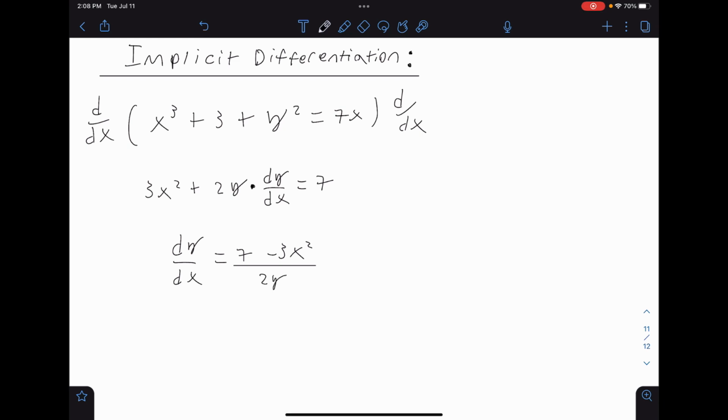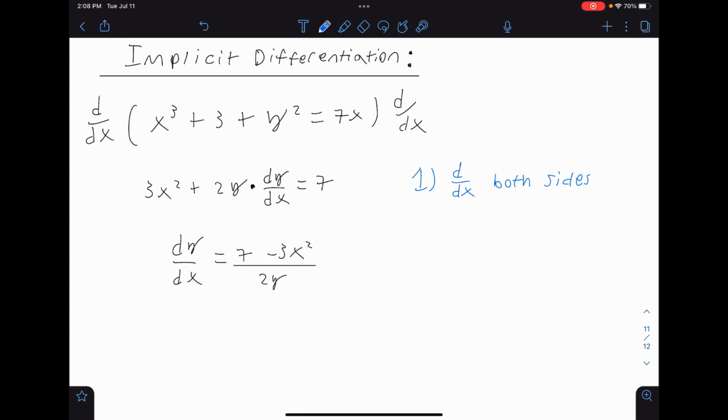So step 1, differentiate both sides of the equation. Well, of course, step 1 is to figure out that you need to use implicit differentiation. Even though it's called implicit differentiation, it's not hidden. The questions are very noticeable.